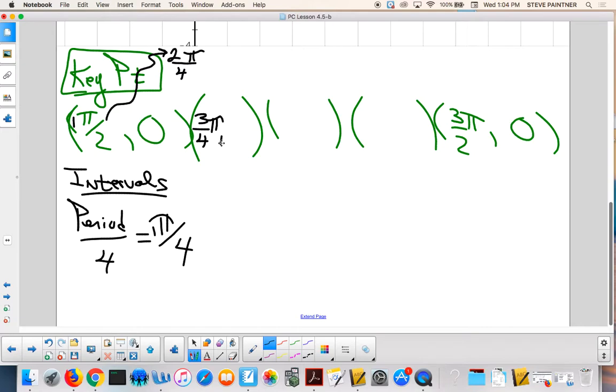Add another fourth to this. 4 fourths. But 4 fourths is what? Pi. Add another fourth to 4 fourths. 5 fourths pi. And then 5 fourths plus another fourth. 6 fourths, but 6 fourths is 3/2. You get what I'm doing? I'm counting by fourths, 1/4 pi.